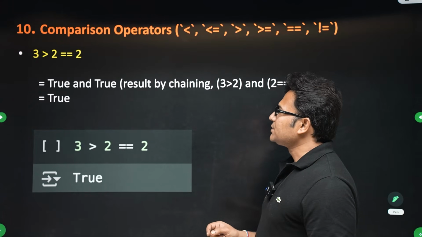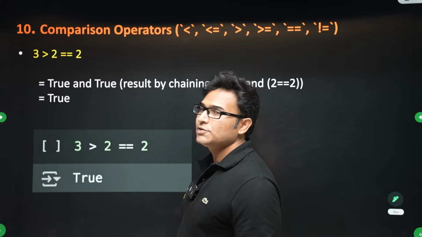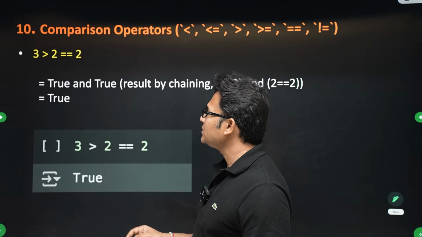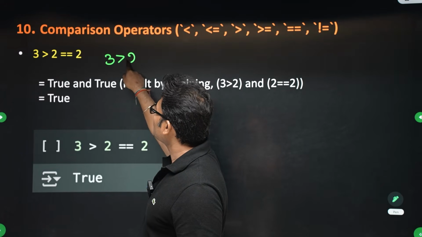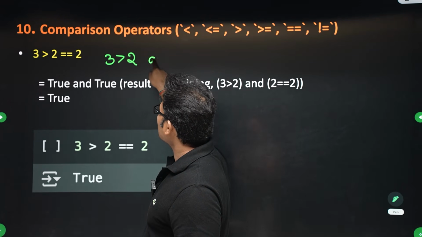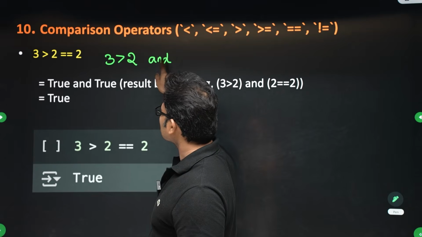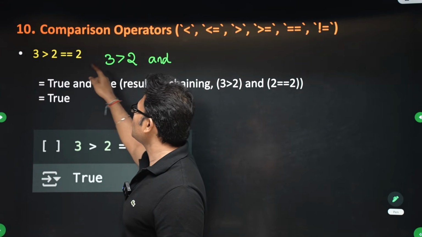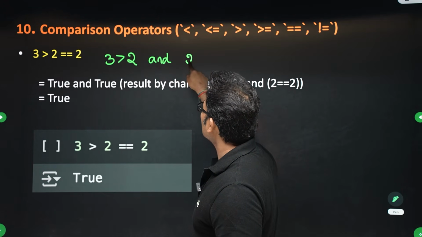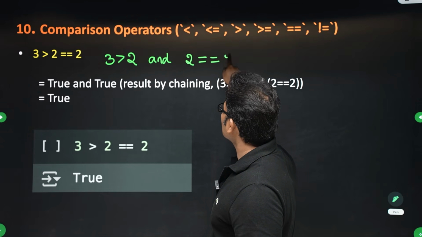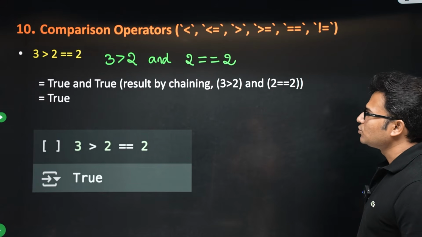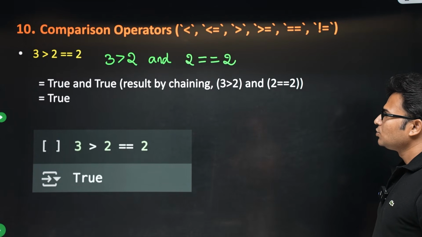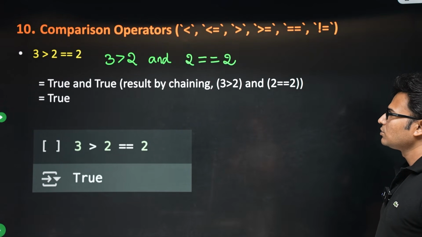Now look at this. There will be chaining. There is no parenthesis, so there will be chaining, right? So what is the chain? 3 is greater than 2 and 2 is equal to 2.